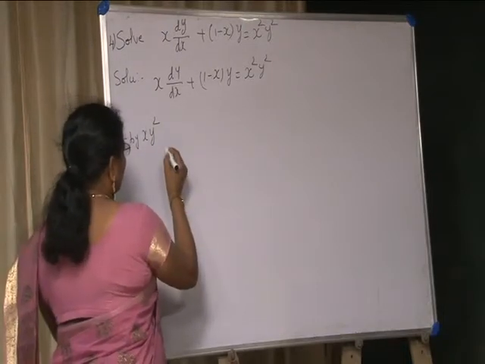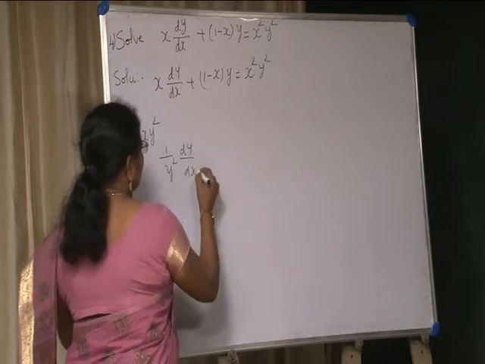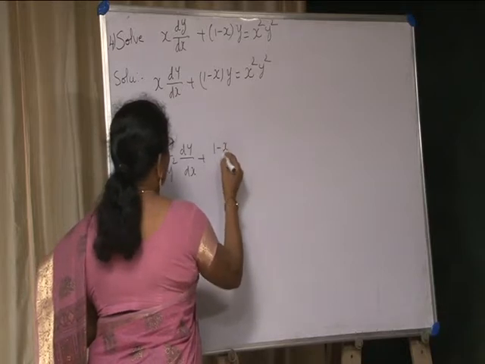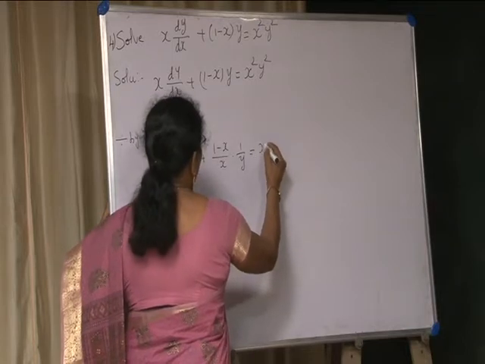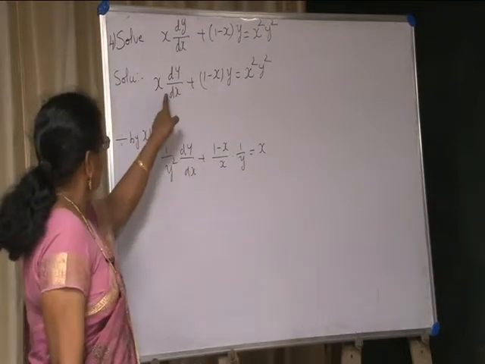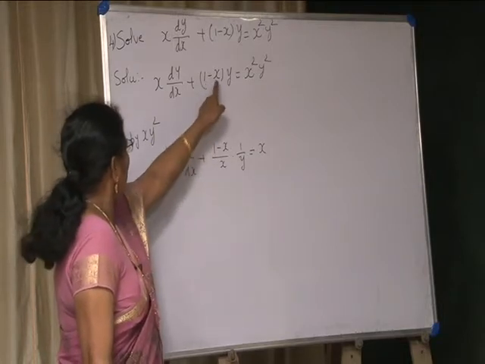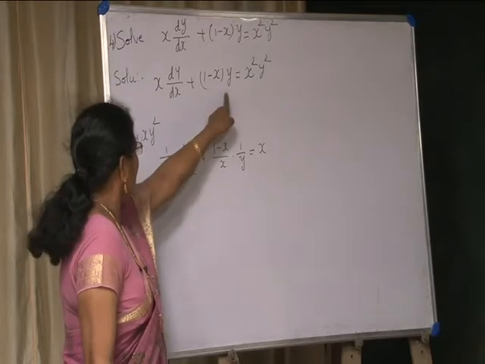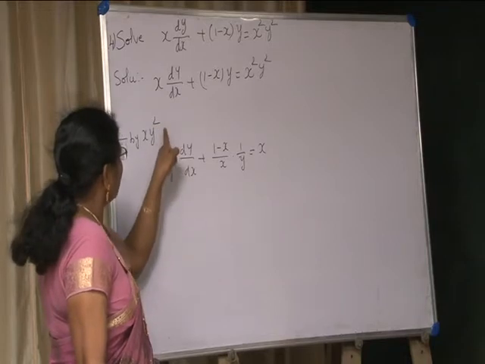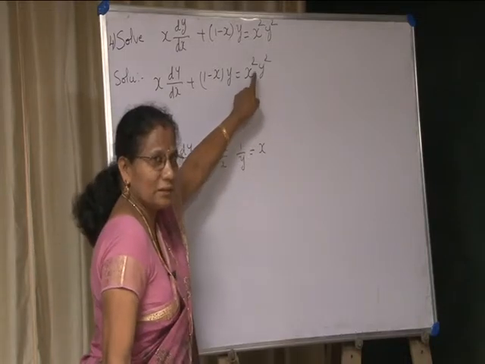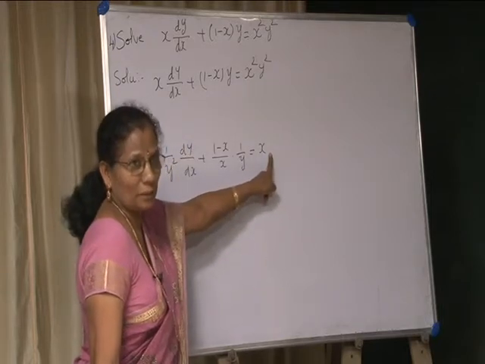So, this is 1 by y squared dy by dx plus 1 minus x by x into 1 over y is equal to x. Am I correct? Here y squared gets cancelled, and here x squared is there, divided by x, one x gets cancelled, x is left here.